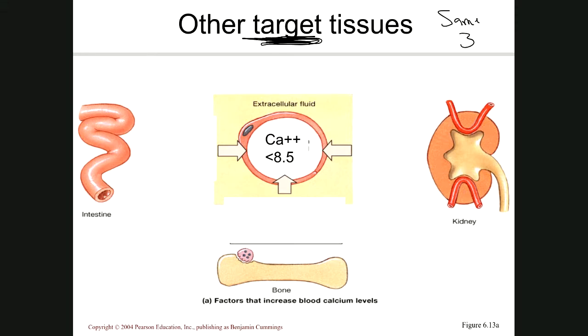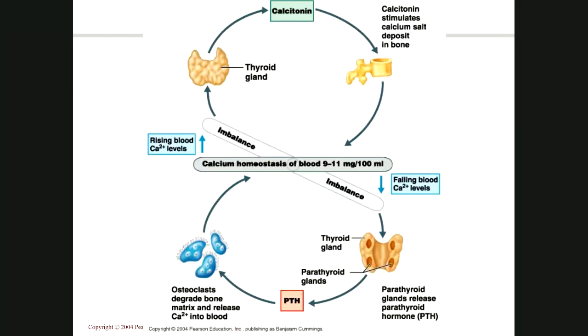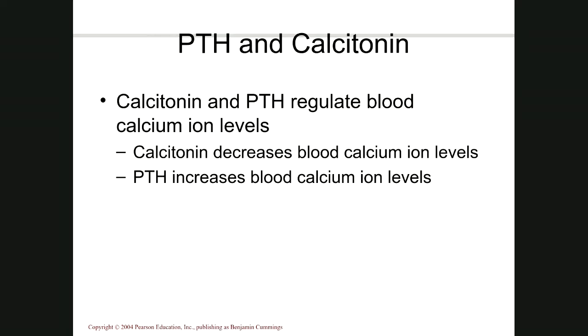There's the gut, there's bone, and there's the kidney. Well, let's go back. Remember what their job is. Calcitonin lowers blood calcium, and it has three targets. It has the gut, it has bone, and it has the kidney.